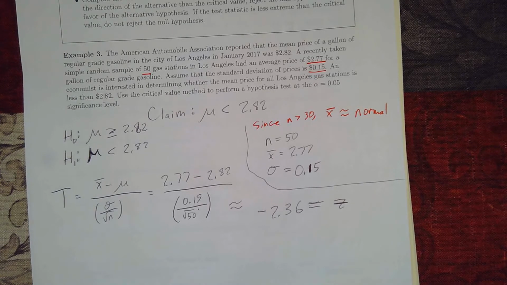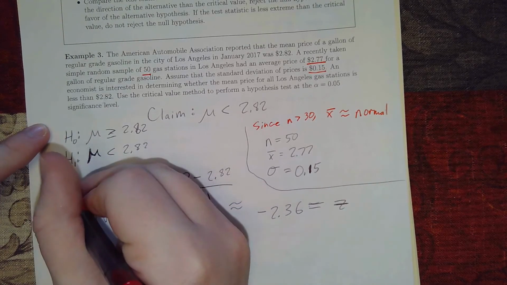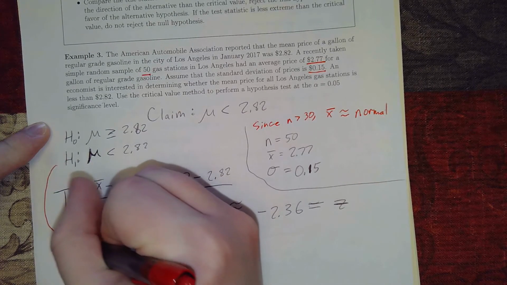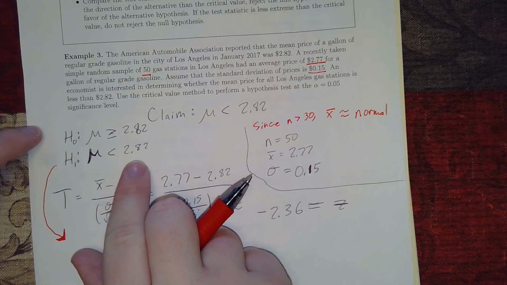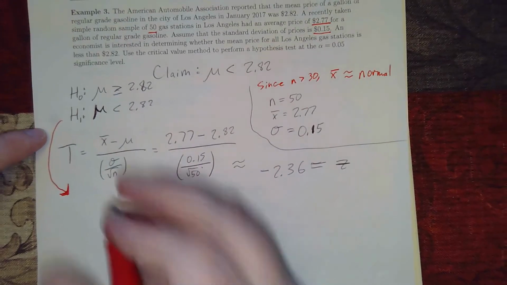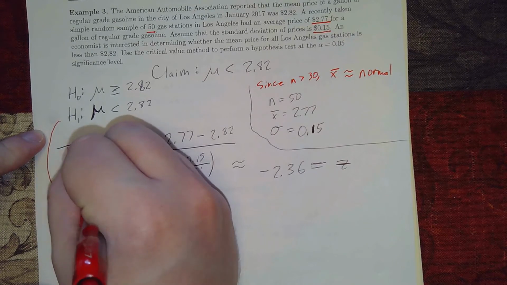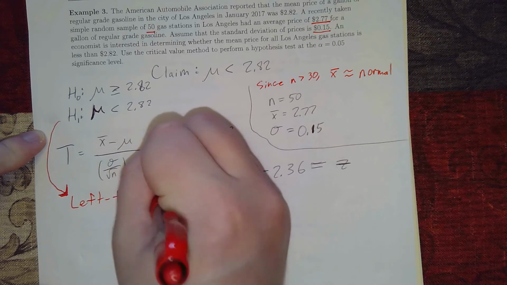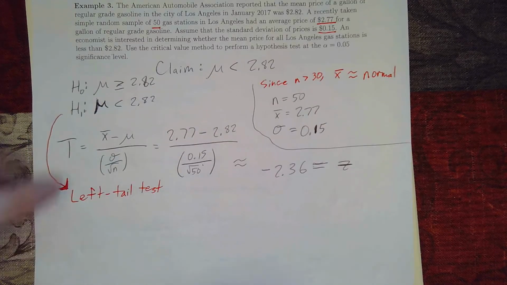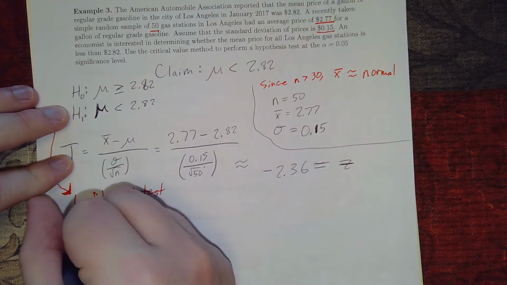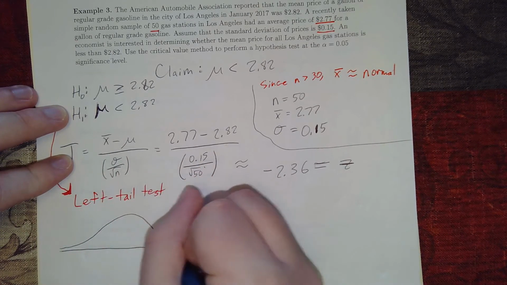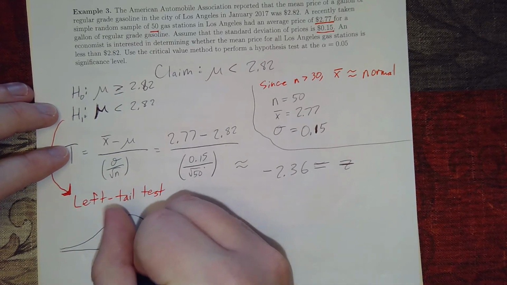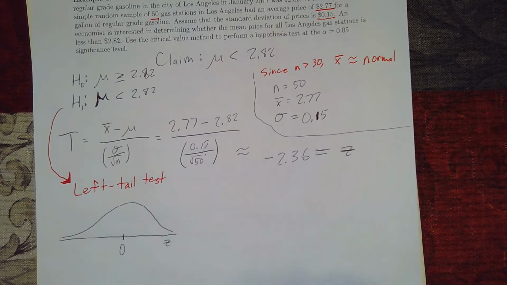Because our alternative hypothesis is telling us that we're looking at things that are less than 2.82, we have a left tail test. So we're looking at our z-scores here, with a value of 0.